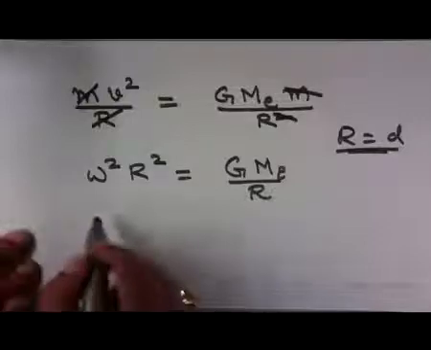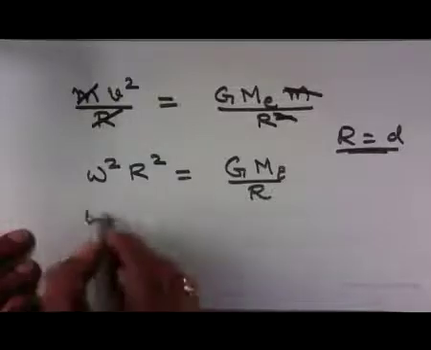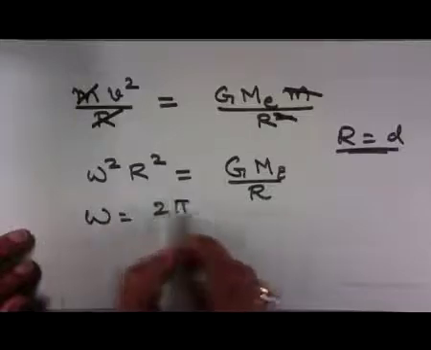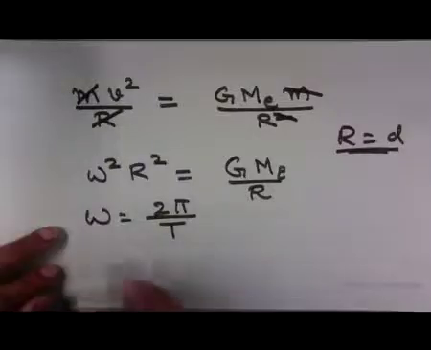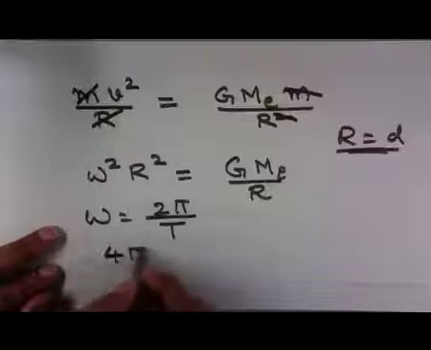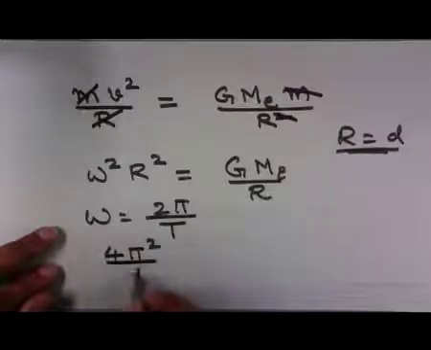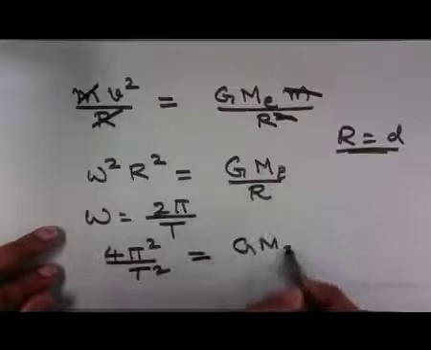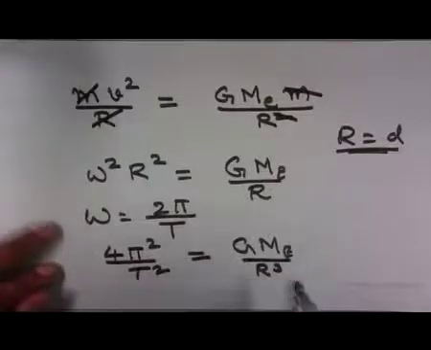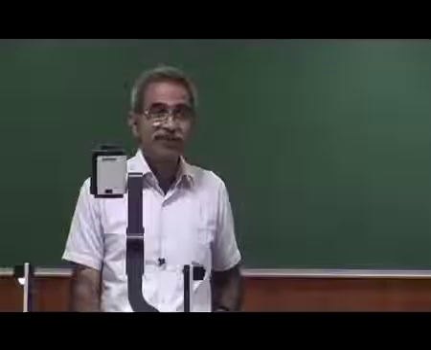So if I remember that omega is equal to 2 pi by T, that is the period, what is going to happen now? This will tell me that 4 pi squared by T squared is equal to G Me by r cubed. Of course, all of you would be highly familiar with this expression.